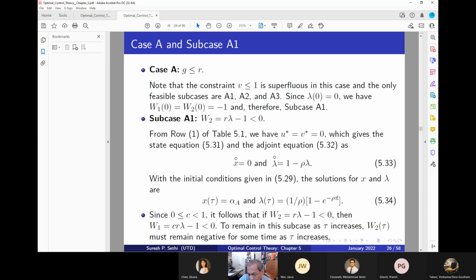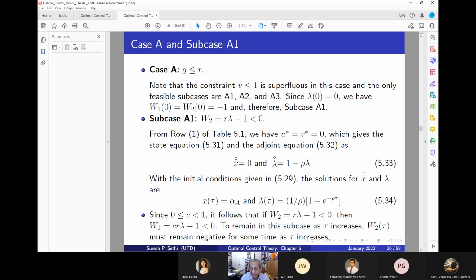As tau increases, let's say tau goes to infinity, this becomes 0, and lambda tau becomes 1 divided by rho. So the asymptotic value is 1 divided by rho. So lambda tau is increasing from -1 to 1 divided by rho, then lambda is going to become 0 somewhere.